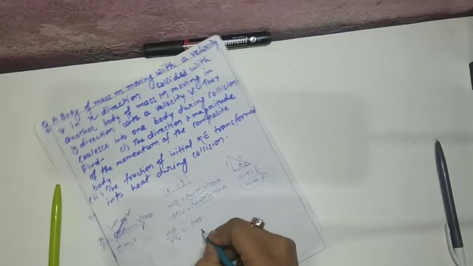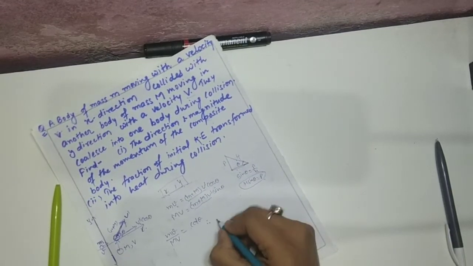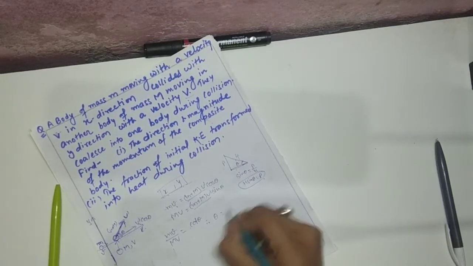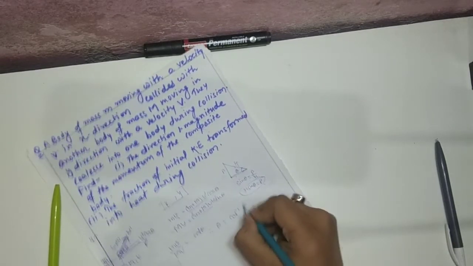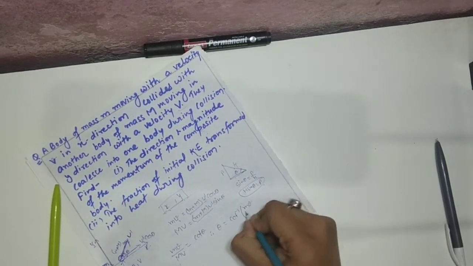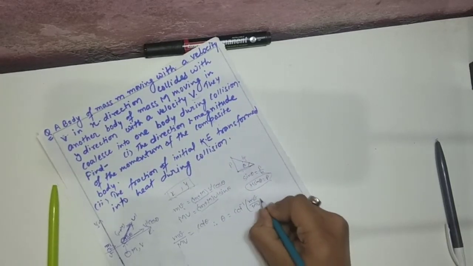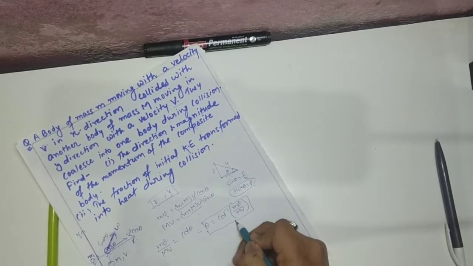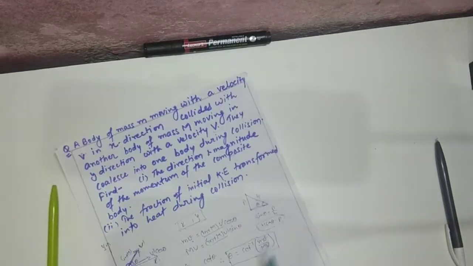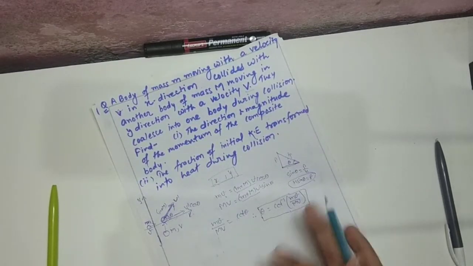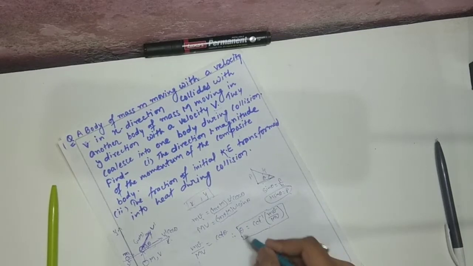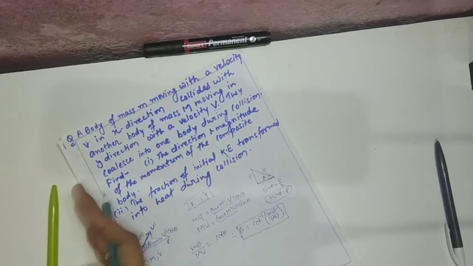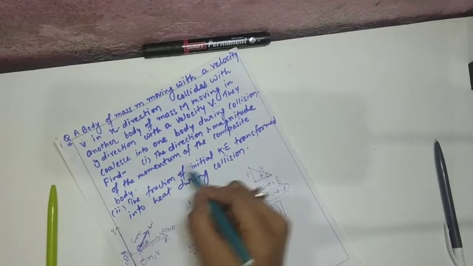So theta comes out to be cot inverse of m small v by M capital V. This is our direction. Basically, the direction is the theta it makes with the horizontal, or you can subtract it from 90 to get the angle with the vertical.